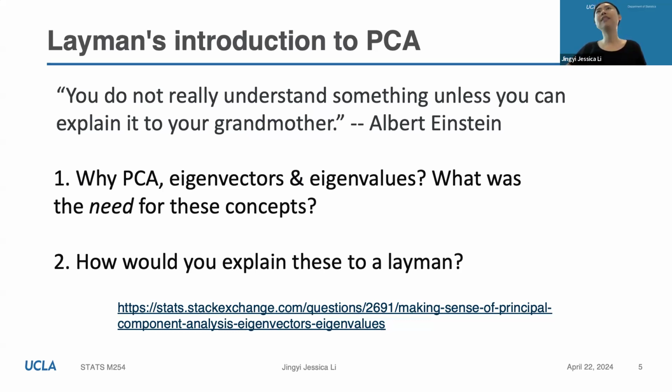So basically, how much variance is explained by the combined feature, that's the eigenvalue, and how each combined feature is combined from the original features, that's given by the eigenvector.